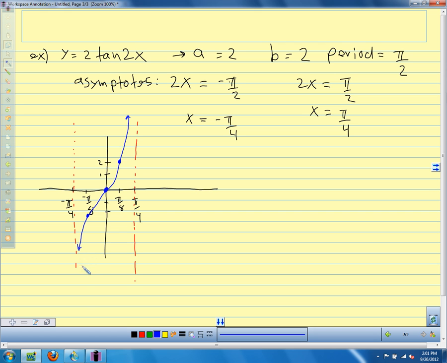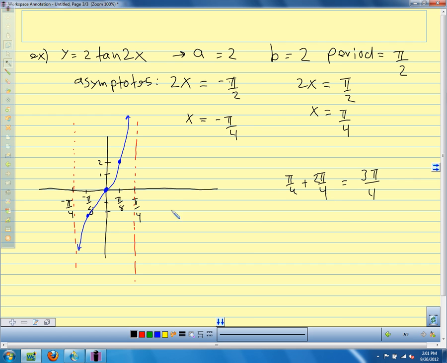And if I wanted to sketch another period, if my problem asked me to sketch two periods, I know my period is pi over 2, so I would go out here an additional pi over 2 units. Pi over 4 plus pi over 2 is, pi over 2 is 2 pi over 4.